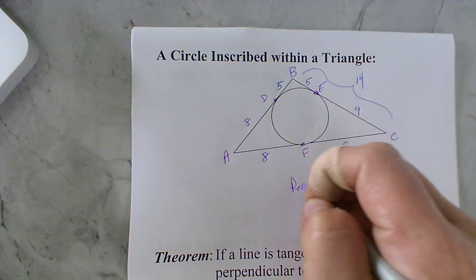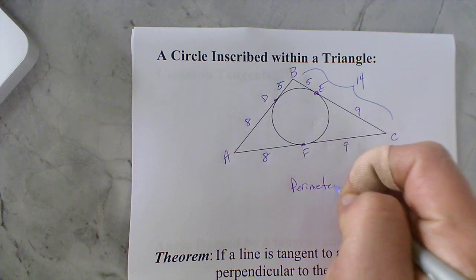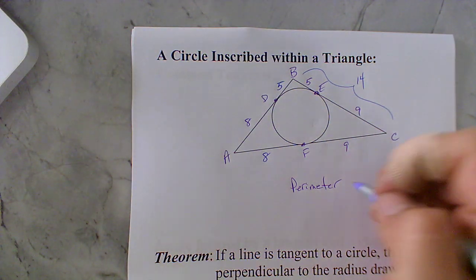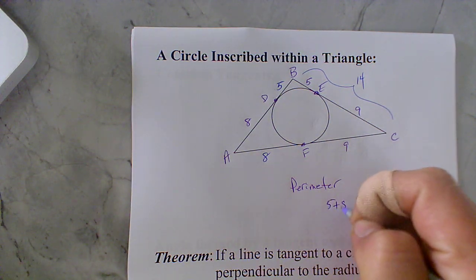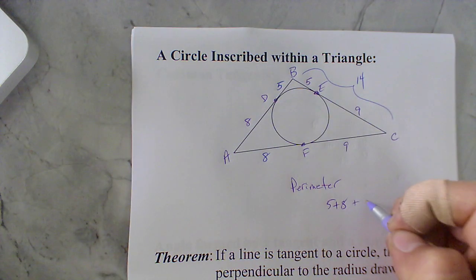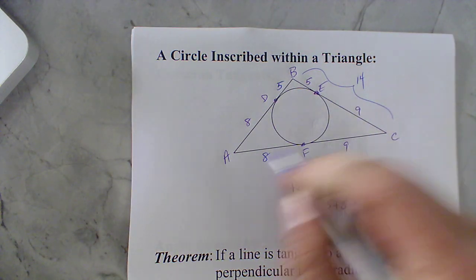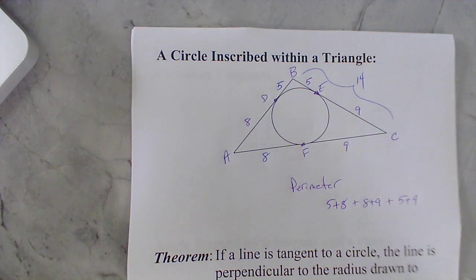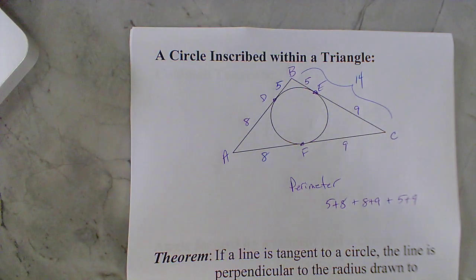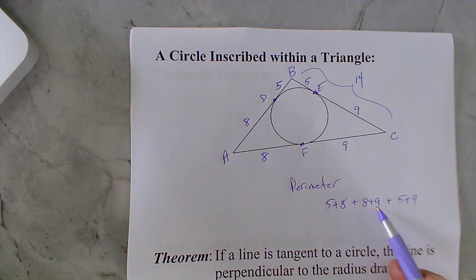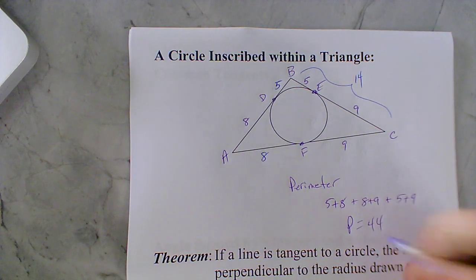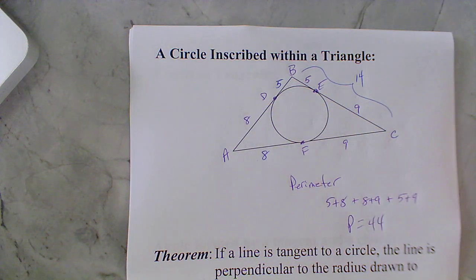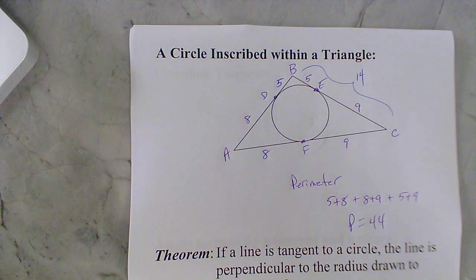And suddenly your perimeter, adding up the lengths of all three sides, is going to look like 5 plus 8, that's this side, plus 8 plus 9, that's this side, plus 5 plus 9, that's this side. You'll get a perimeter, whatever that is, 13, 17, 30, 44. So that's a type of example that can come up. All right, moving on.